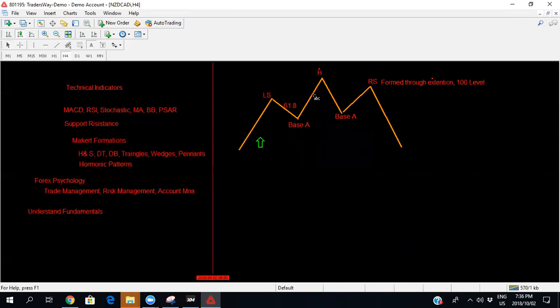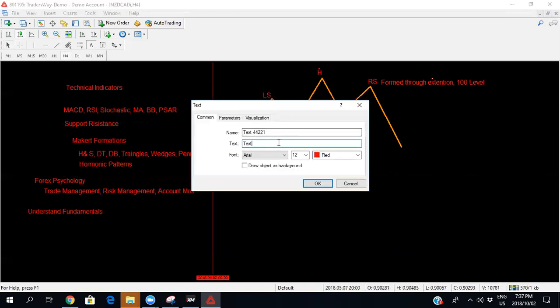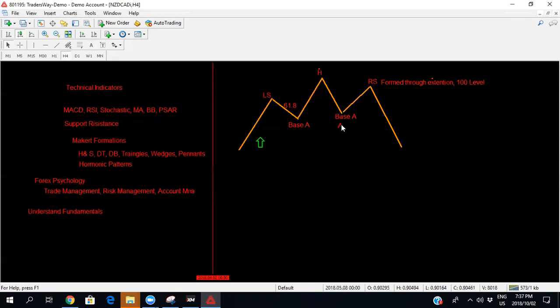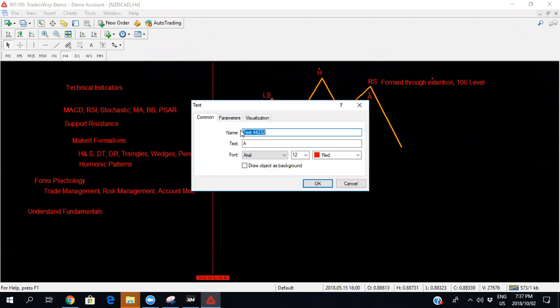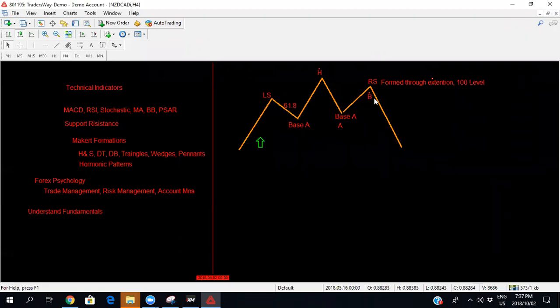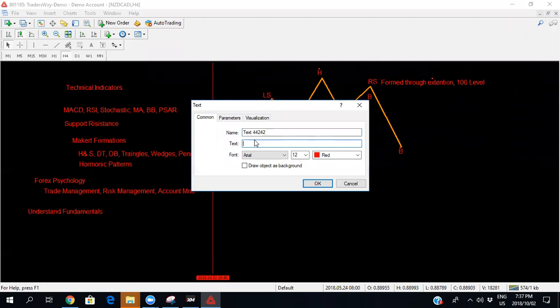And then this starts what we call an ABCD pattern, or an ABC pattern, of which your base is now A. Then your left shoulder, your right shoulder here, it's B. Then your point there, it's C. That's your extension as well.